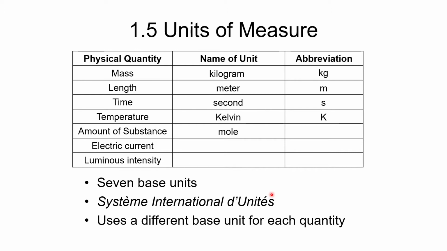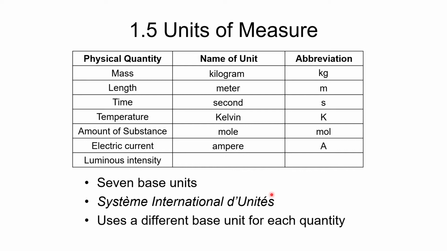Our abbreviation for mole is all lowercase mol. We're already using m for meters, and we use Mo for molybdenum, and so we're going to use mol for mole. For electric current, we like to use the ampere, and our abbreviation for the ampere is the uppercase letter A.